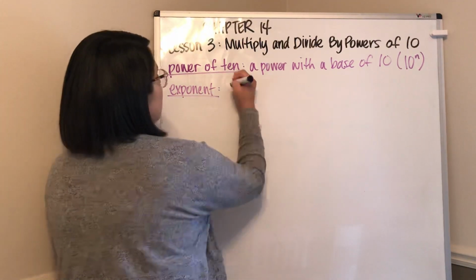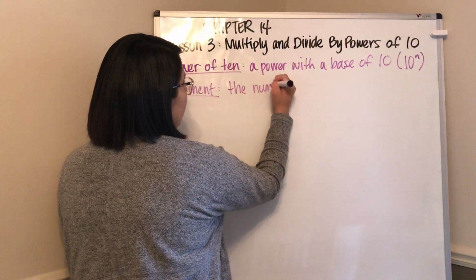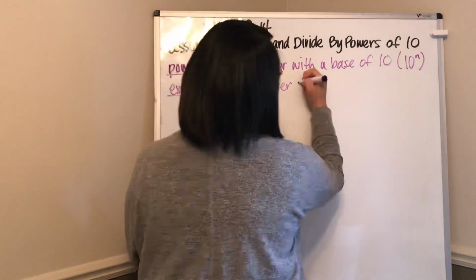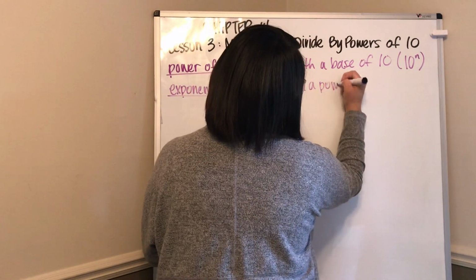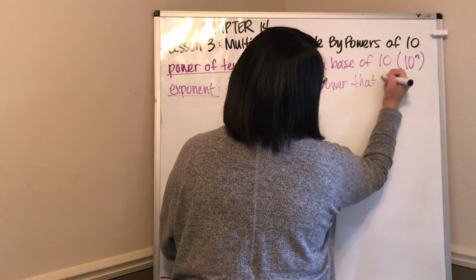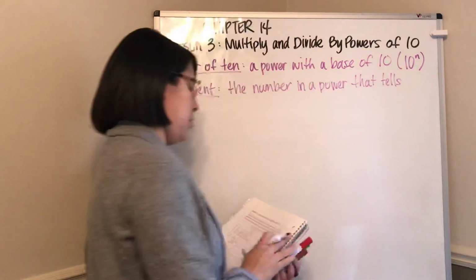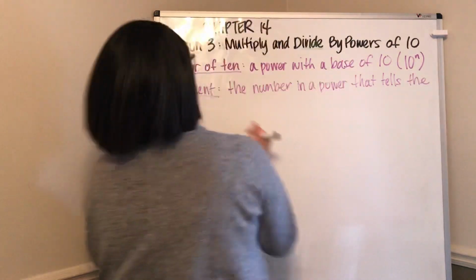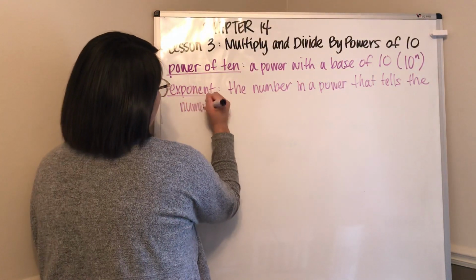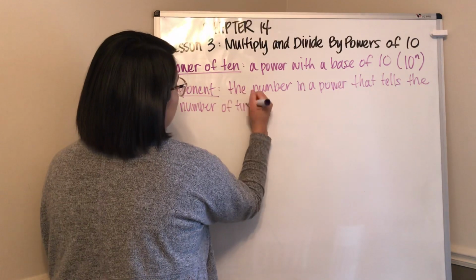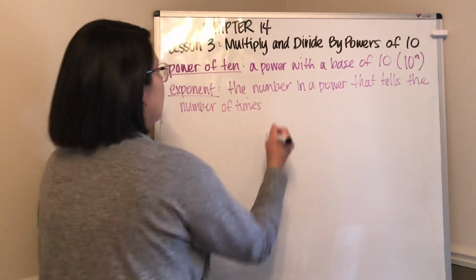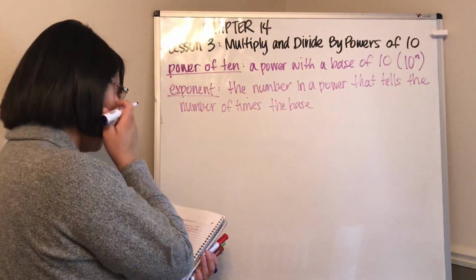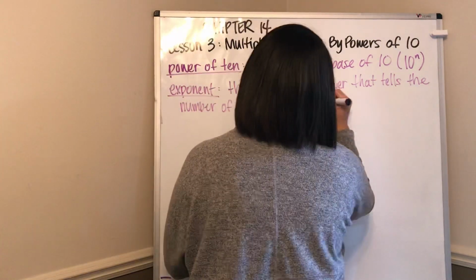So the exponent is the number in a power that tells the number of times the base is used as a factor.